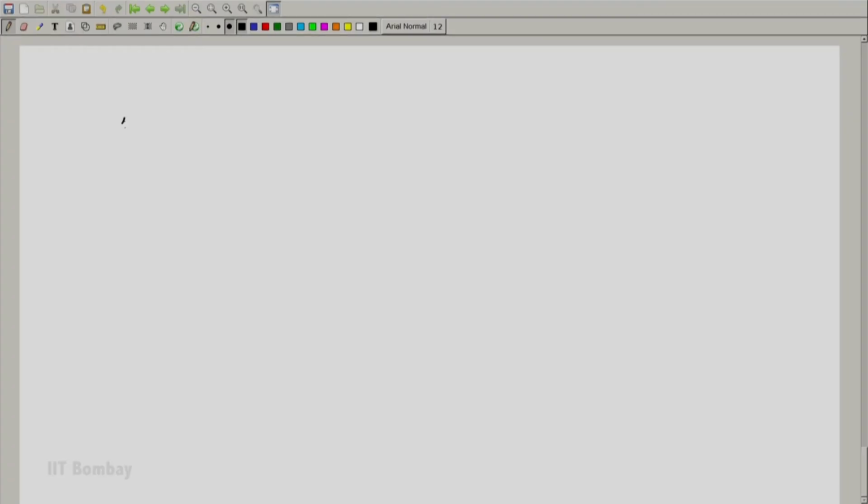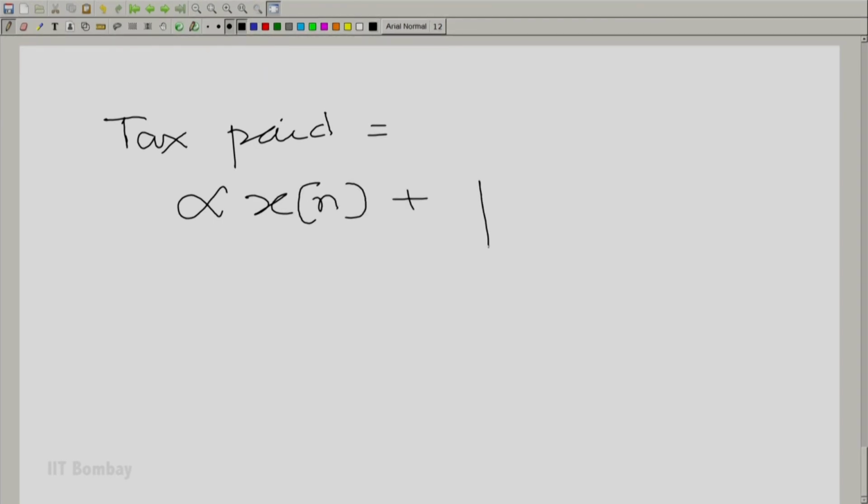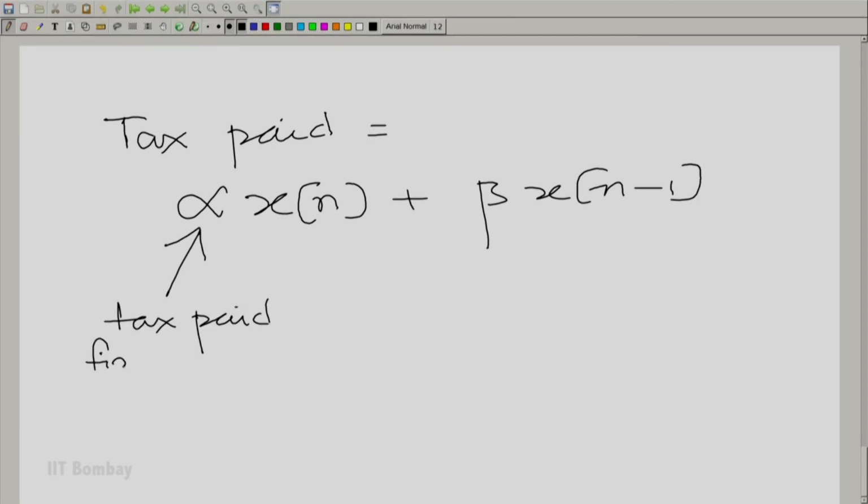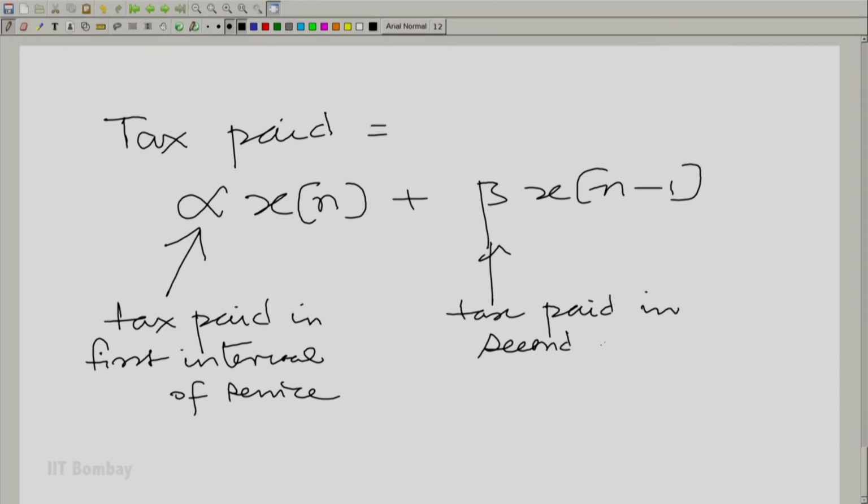And the output that we want to calculate is the amount of tax that we have collected in this interval. So, there we go. The tax paid is some factor, let us say alpha times x[n] plus beta times x[n-1], where alpha is the tax paid in the first interval of service and beta is the tax paid in the second interval of service.